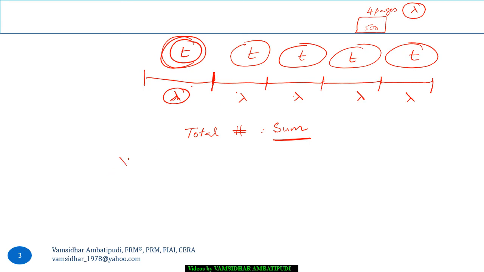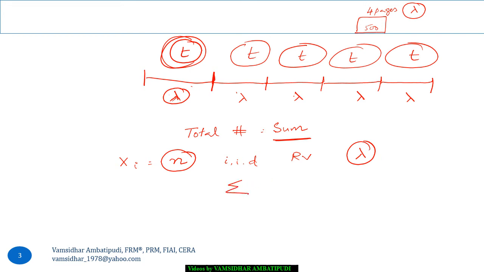So look at it like this. If I am talking about Xi, where there are n different independent and identically distributed random variables, and they are following a Poisson distribution with the parameter lambda, which means the mean is also lambda.